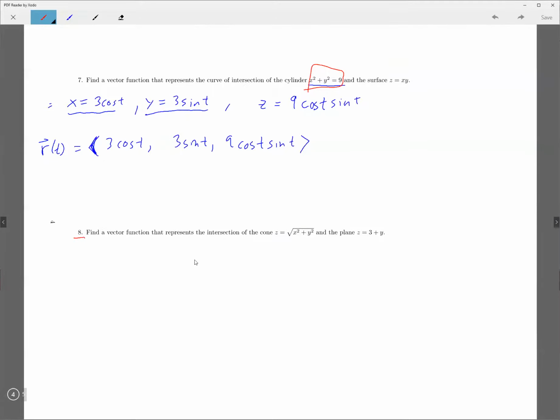Okay, so now number 8. Oh dear. So we want to find the vector function that represents the intersection of this cone and the plane. Any ideas how we can do that?